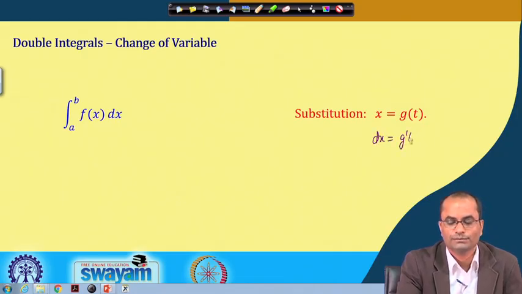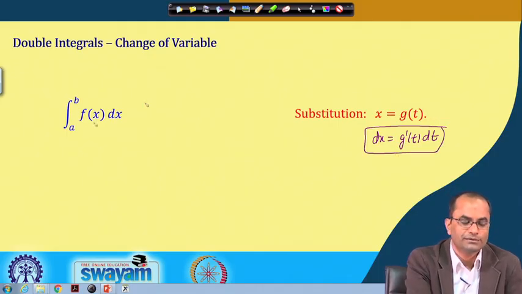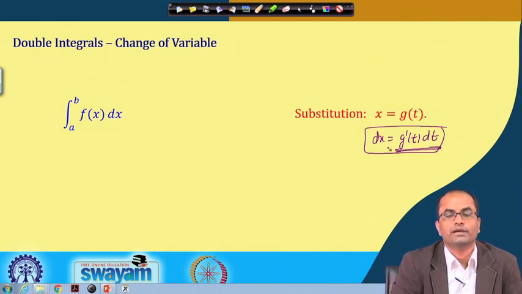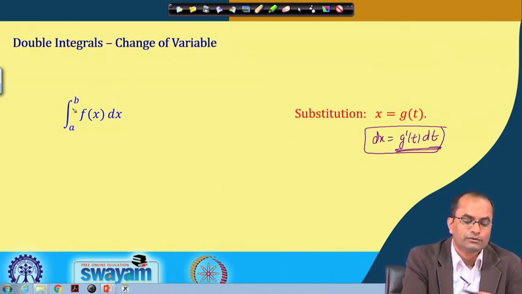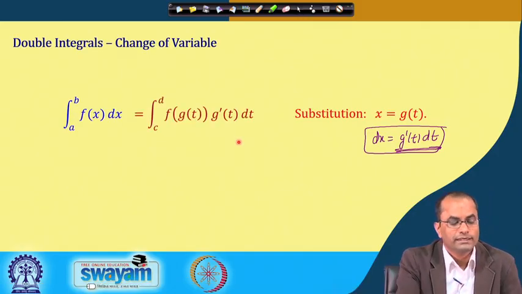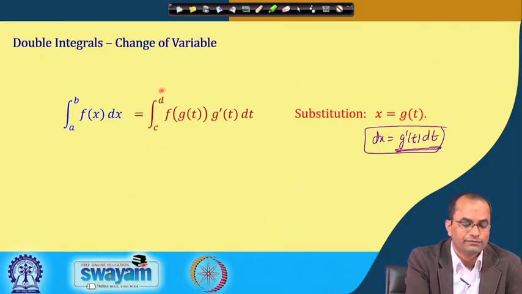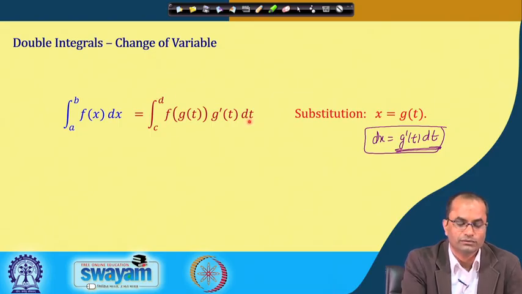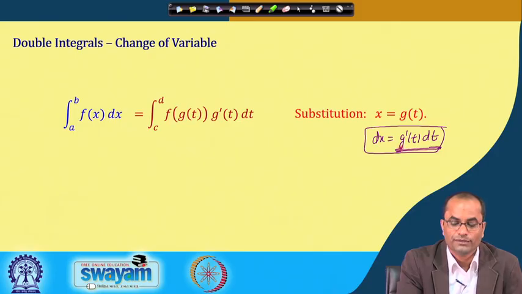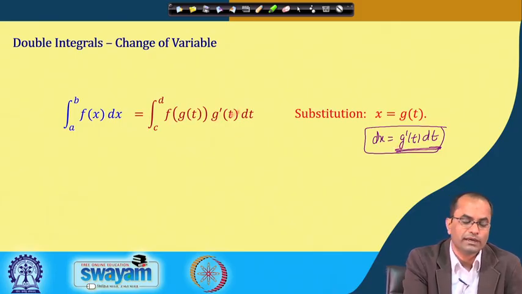So, dx will be g prime t dt in this form, and then we substitute this x as g t, and dx will be g prime t dt, and then the corresponding limits will appear there. So, the idea used to be that we have the corresponding limits now of this t, and x was substituted by the new function g t, and for dx we have got here g prime t dt.